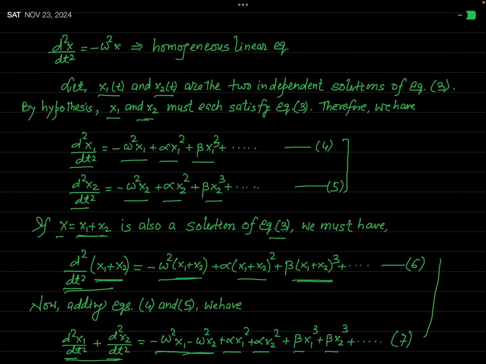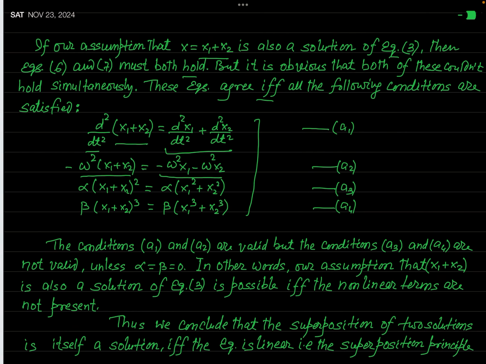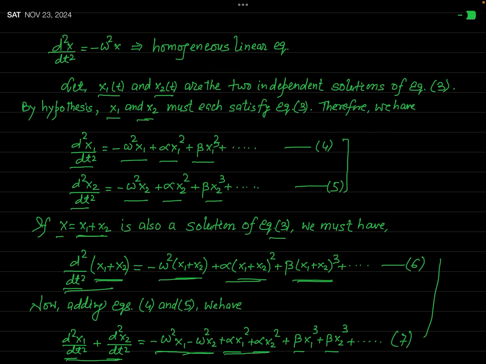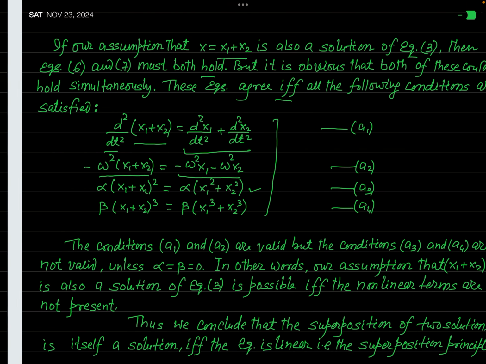Okay. The third condition which must be satisfied for the agreement of these two equations is that alpha times (x1 plus x2) whole square must be equal to alpha x1 square plus alpha x2 square. And the fourth condition is beta times (x1 plus x2) whole cube must be equal to this much. Okay.